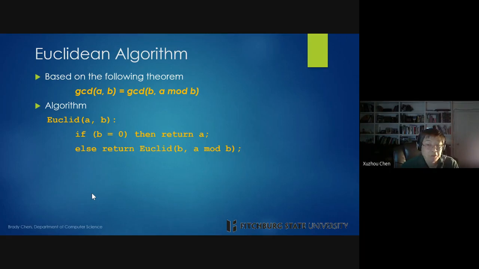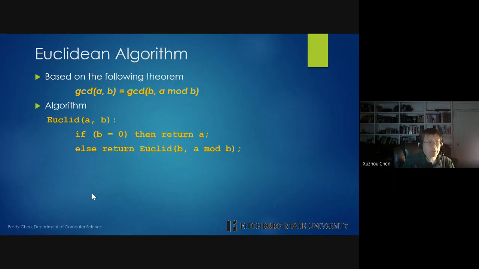We can just factor each of the numbers, and then find the largest common divisor. That's the greatest common divisor. Yeah, we can do that. But you realize it's very costly. Factoring a number is really a costly job. So normally people try not to do that.